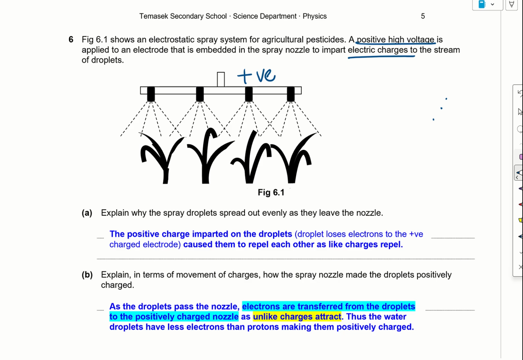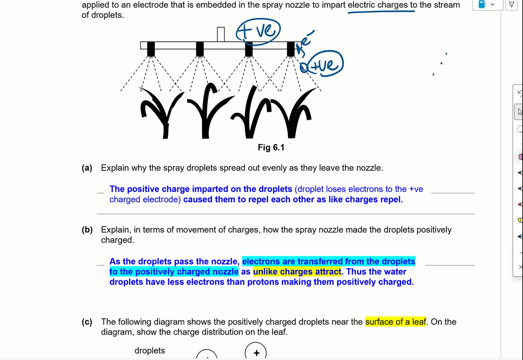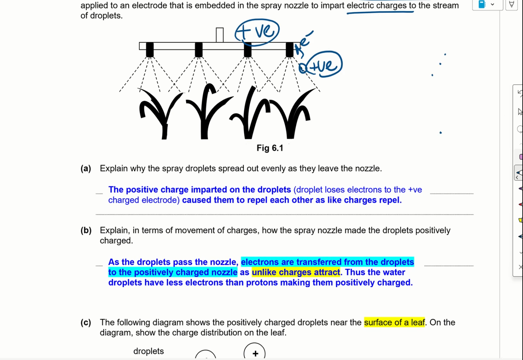As they leave the nozzle, being in contact with the positively charged electrode, the droplets will actually become positive, right? Because their electrons are attracted to the spray nozzle. So the positive charge imparted on the droplets, which lose electrons to the positively charged electrode, cause them to repel each other as like charges repel. So you need to have this.